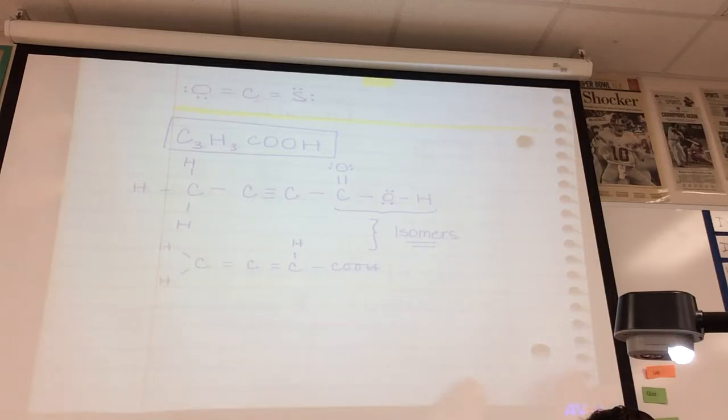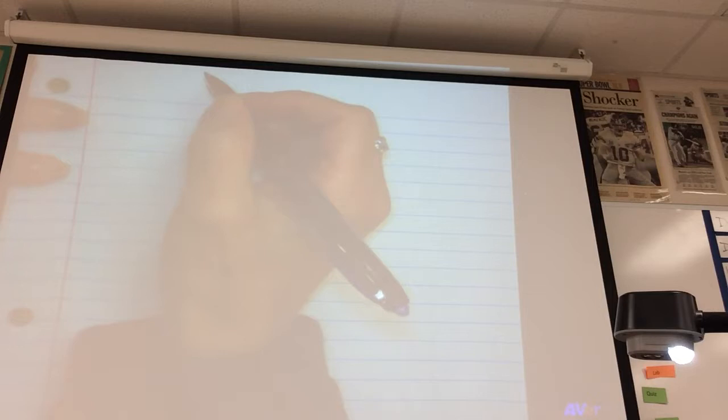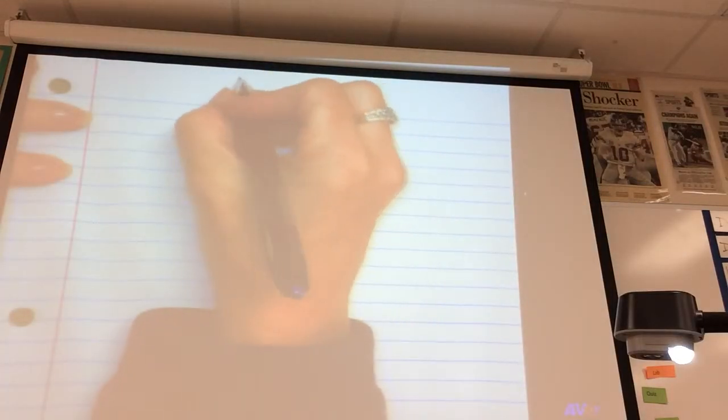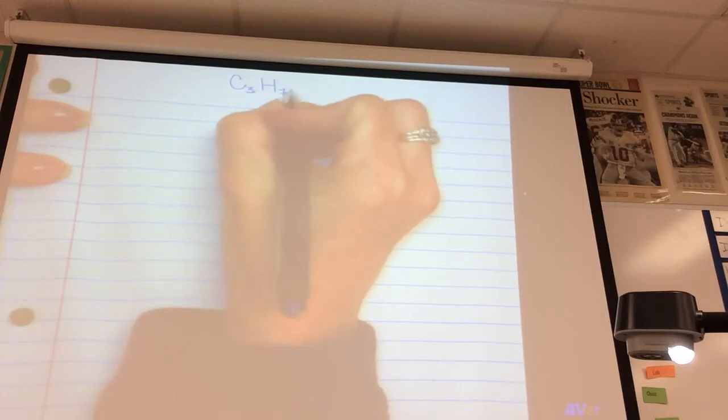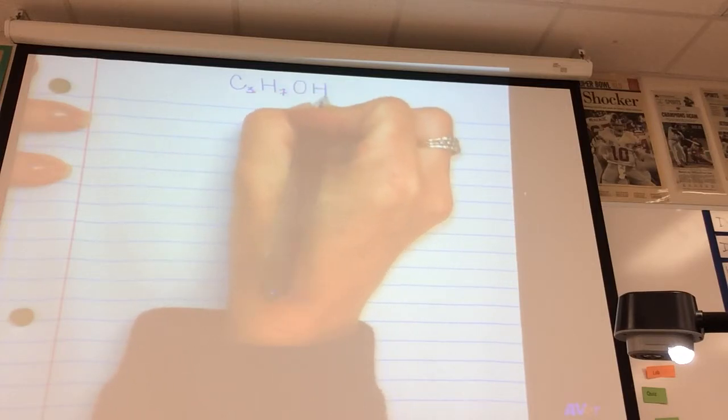I'll give you a better example of isomers that'll be easy to see and it'll feed into not the lab we do next week, but a lab after break. Another example that you see for isomers, and Chase, this one's just for you, for naming, is you could have the molecular formula C3H7OH.